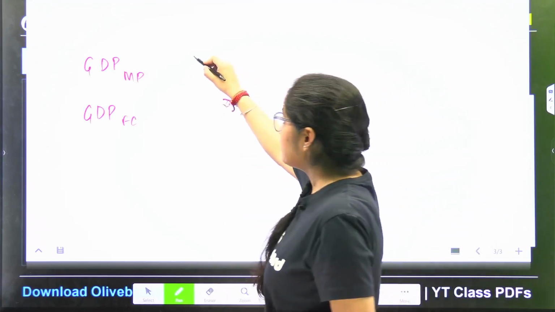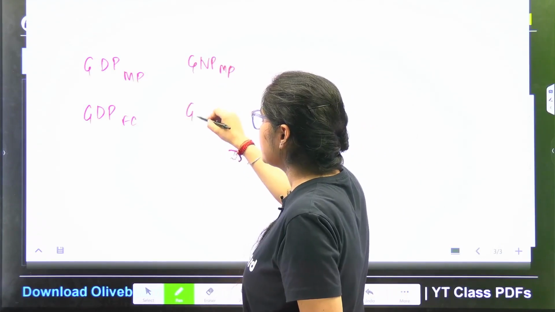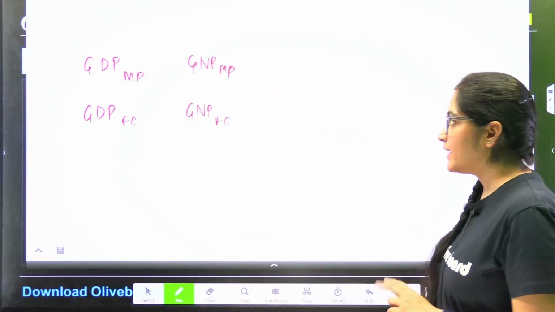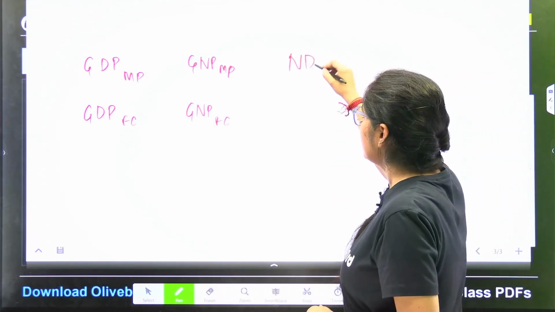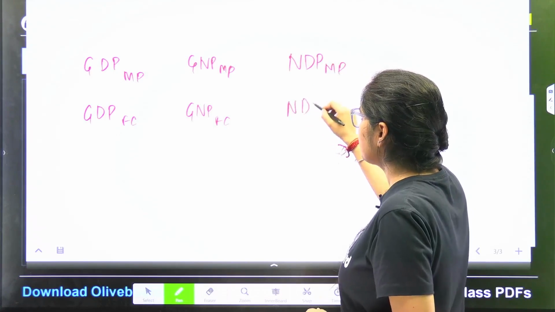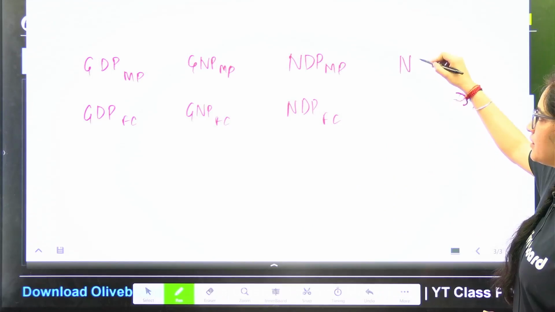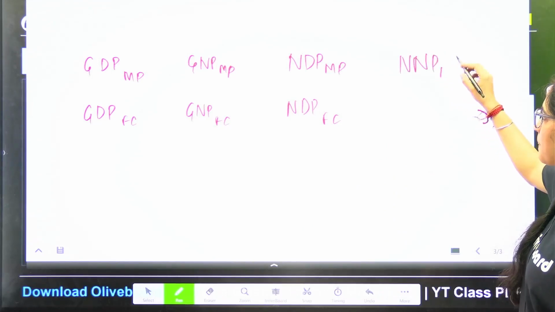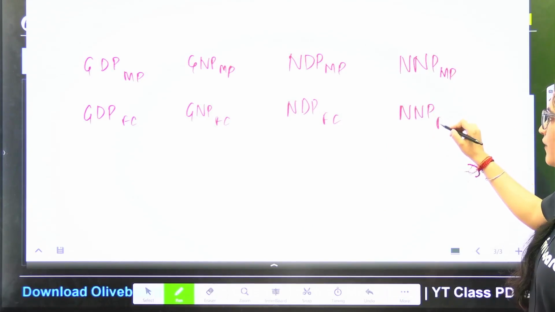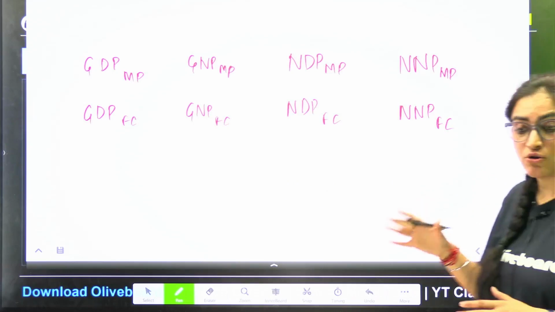Then it can be gross national product at market price, or gross national product at factor cost. Then it can be net domestic product at market price or net domestic product at factor cost. Lastly, it can be net national product at market price and net national product at factor cost. So these are the 8 aggregates. I hope that's clear to you all.